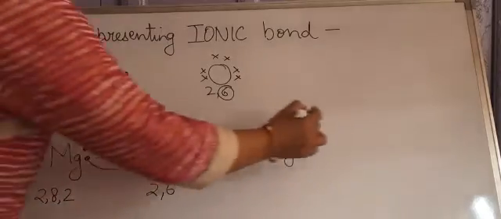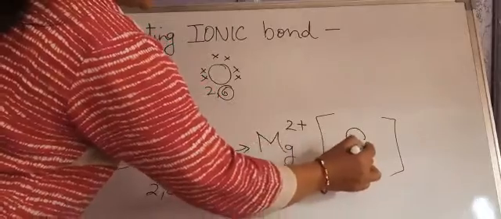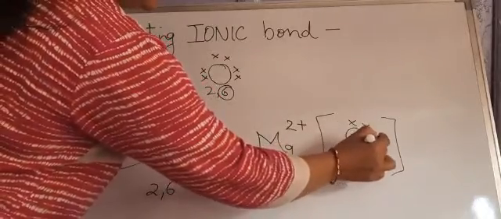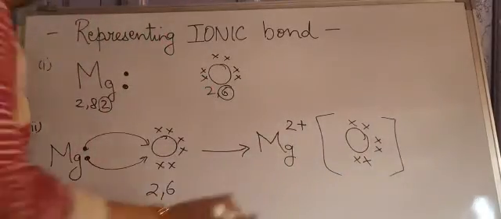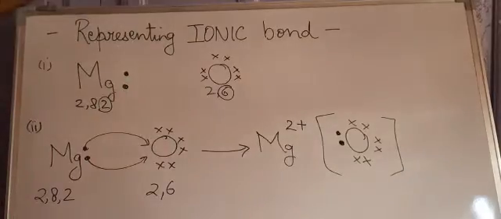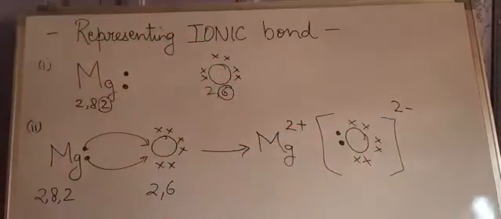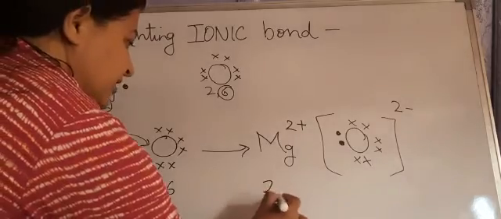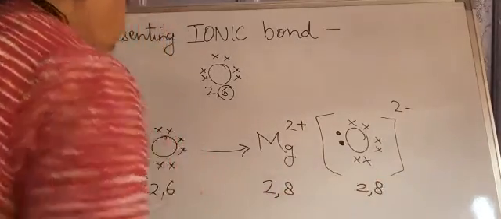And oxygen, like I said, in bracket, oxygen 1, 2, 3, 4, 5, 6 electrons of its own, and 2 electrons that it has taken from magnesium. This becomes negatively charged. It has an extra 2 electrons, which we are going to represent as 2 negative. So here the electronic configuration becomes 2 comma 8, and here the electronic configuration becomes 2 comma 8.